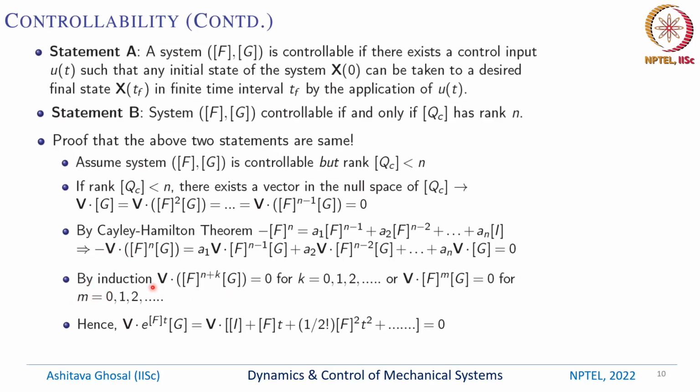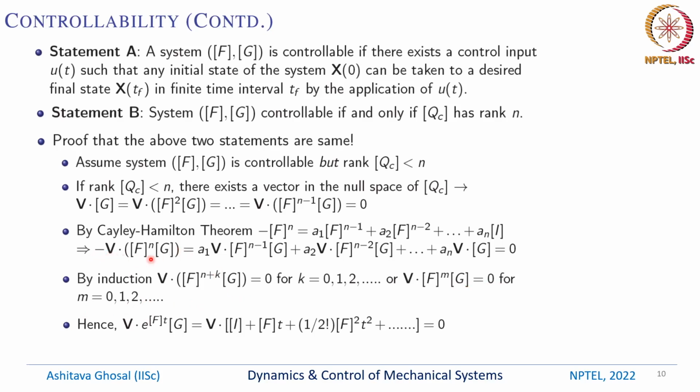So by induction now, V dot F to the power n plus k into G is 0, for k equals 0, 1, 2, all the way till infinity, or V dot F to the power m into G is 0 for m equals 0, 1, 2, 3. Correct?